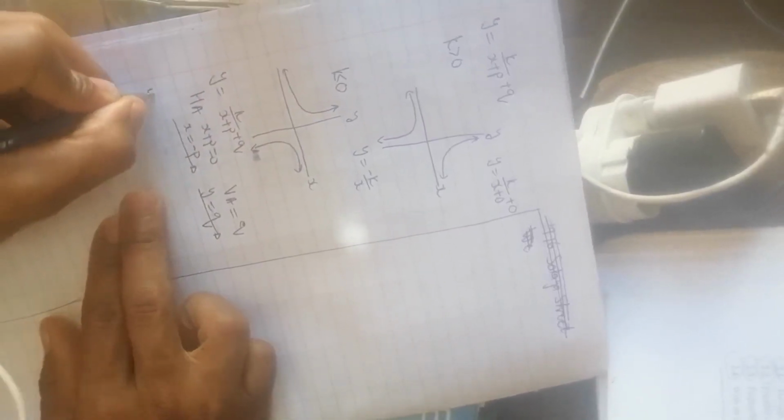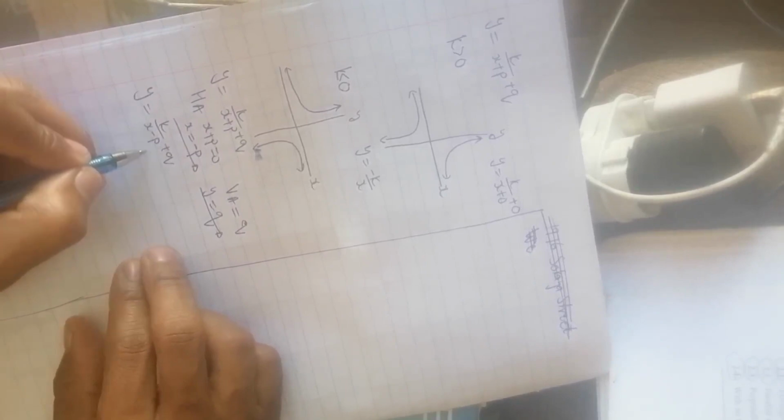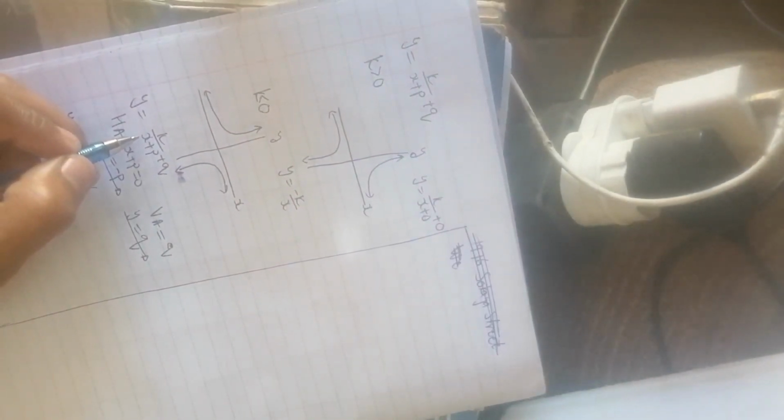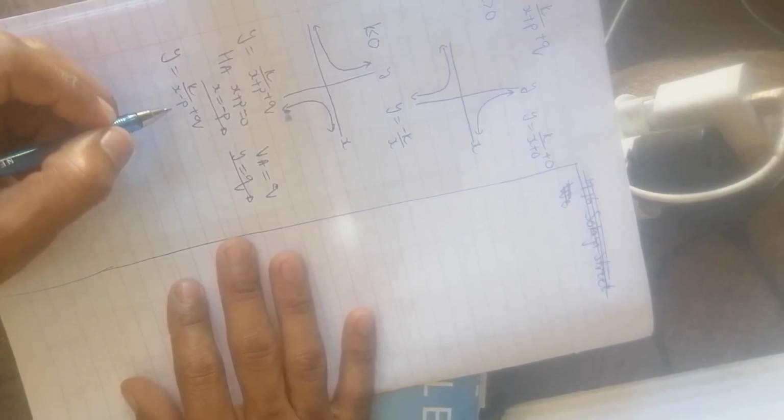That is to say, if you have y equals k over x minus p plus q, if p is negative, the asymptote would be positive. And if p is equal to 0, the asymptote will coincide with the y-axis, because on the y-axis x is equal to 0. But I think this will be thoroughly explained when we deal with the examples.